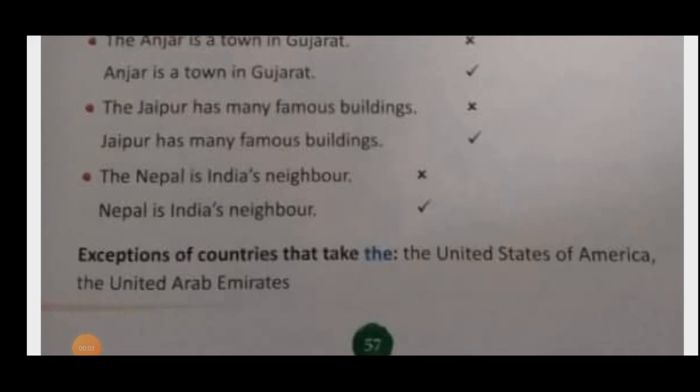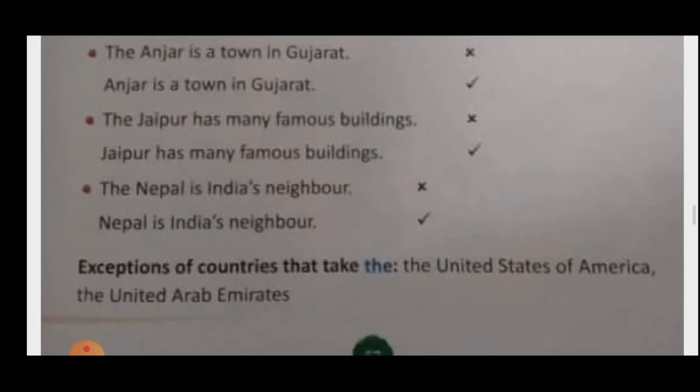Exceptions among countries that take the are the United States of America and the United Arab Emirates. Before these countries only you have to use the, not for any other country.